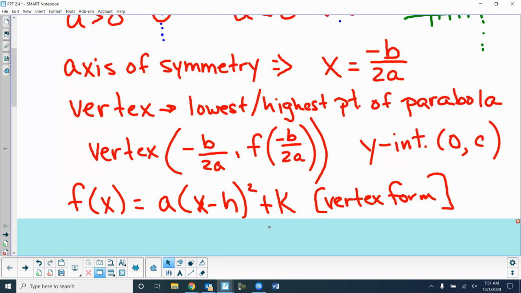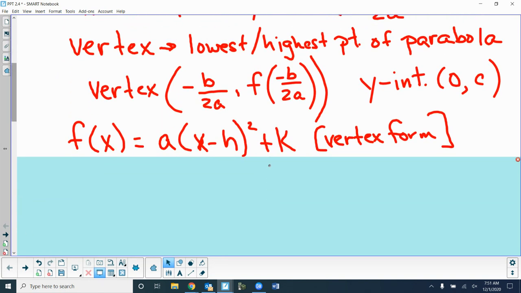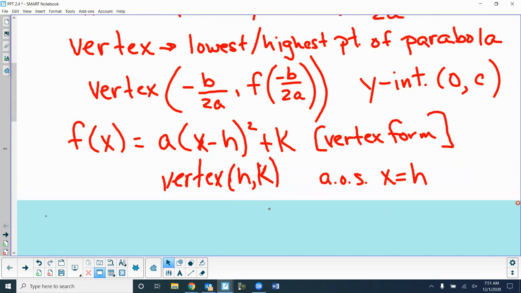So we're going to do what we call complete the square, which we've done this year. Okay? And plus k. This h, k, if it's in this form, these two numbers tell you the vertex. That's why we call it the vertex form. Okay? And then your axis of symmetry will be x equals whatever this number is.